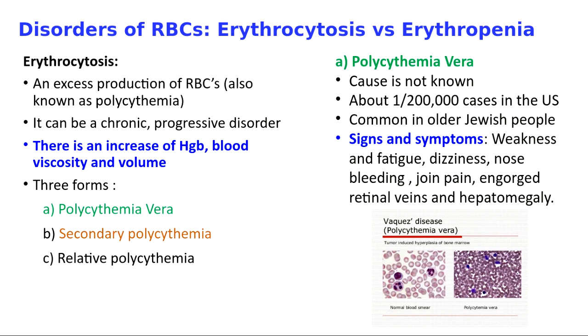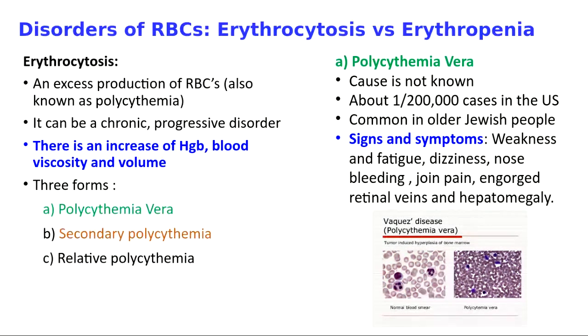When we're talking about secondary polycythemia or relative polycythemia, that is usually not so much because there are more red blood cells, but it usually has to do with a decrease in plasma volume, like the patient is dehydrated. Okay. So we have here Polycythemia Vera.